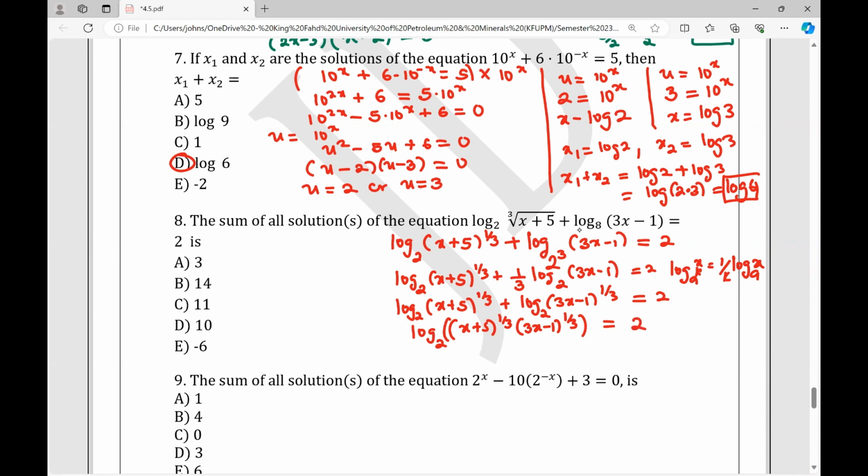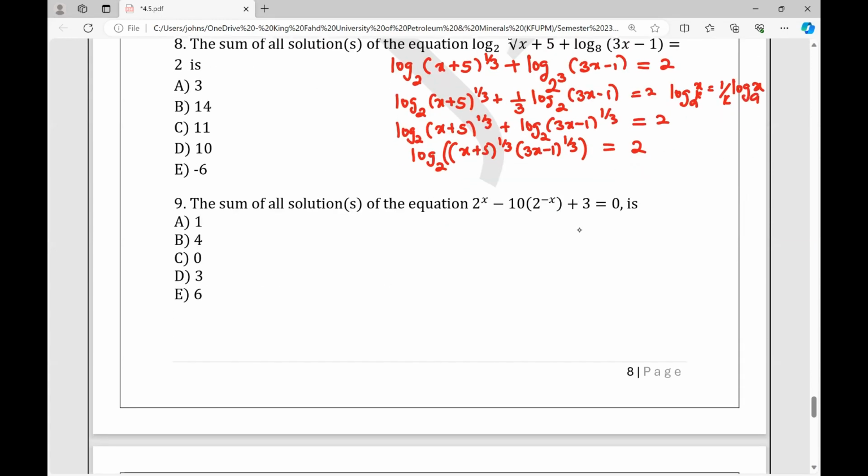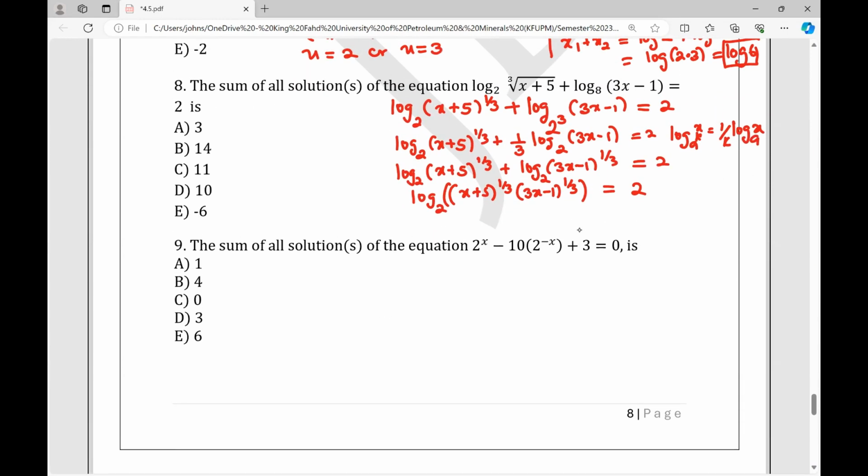Okay. Now, how do we solve this? So we can change this to what? We can just change it to exponential form. So I think I need more space here. So this is just going to be x plus 5 to power 1 over 3, 3x minus 1 to power 1 over 3, all is equal to what? 2 to power 2, which is 4, right?